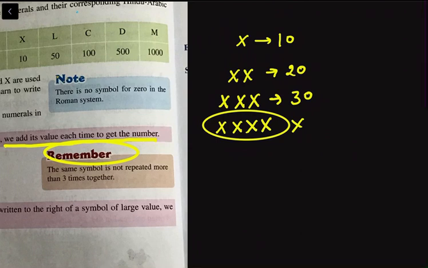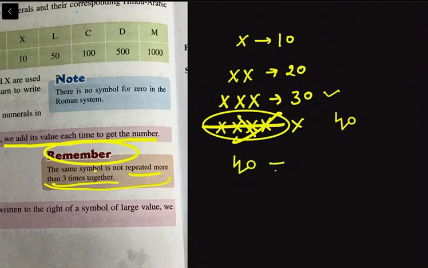This is the rule: the same symbol is not repeated more than 3 times together. We can write up to 3. Then how will we write 40? How will we write 40?